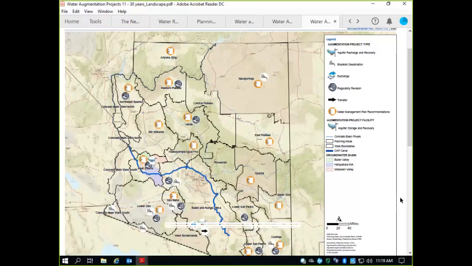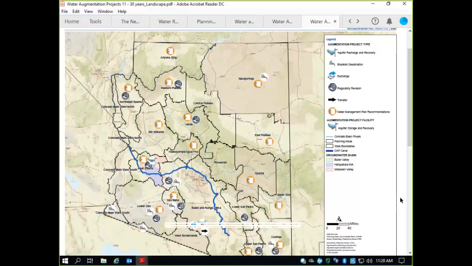If they changed to where they had to take a constant supply throughout the year, and then each city did their own aquifer storage and recovery to manage their peaks, then the thought is that might allow us to run the CAP canal at capacity throughout the year, in theory, if there was water to put through the canal.